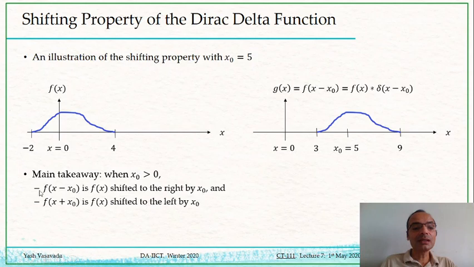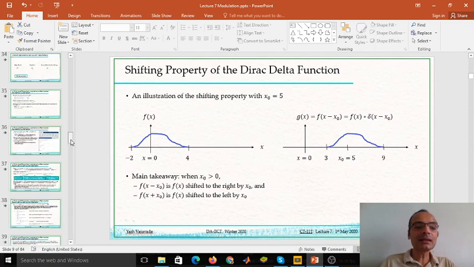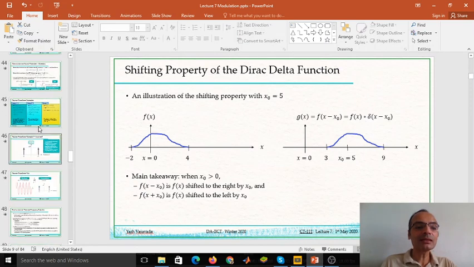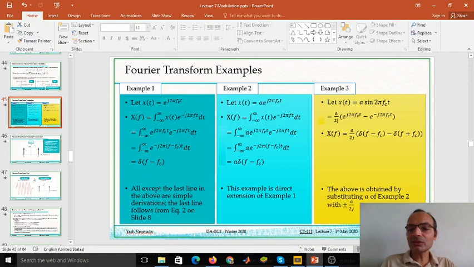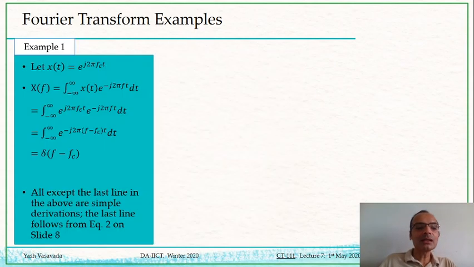And so in case of delta of f, delta of f minus fc is nothing but the original Dirac delta function, which is shifted to the right by f of c. It is essentially that impulse. Remember, Dirac delta is an impulse function, except here that impulse is located at f of c. But that shouldn't be a surprise, because our signal has only one frequency component, f of c.